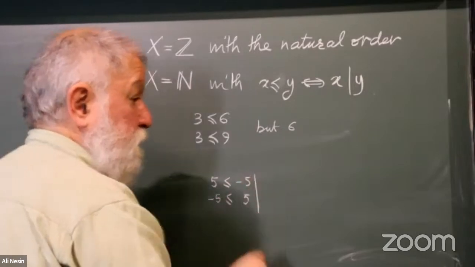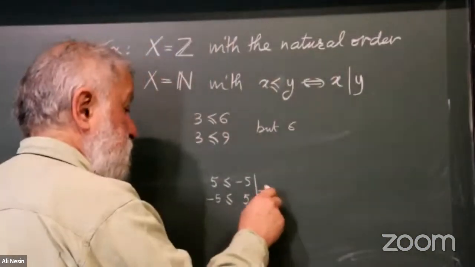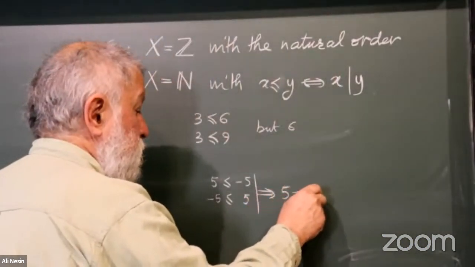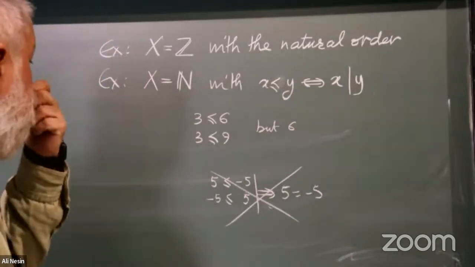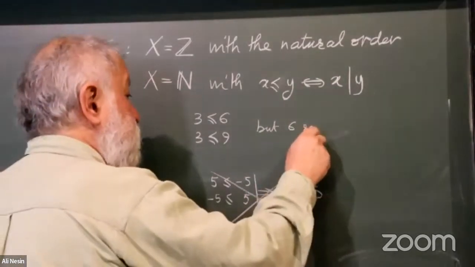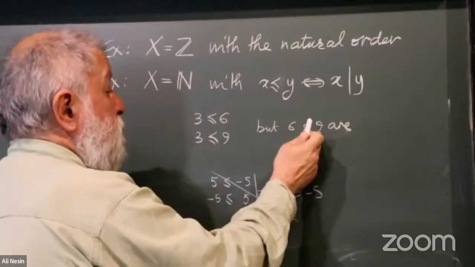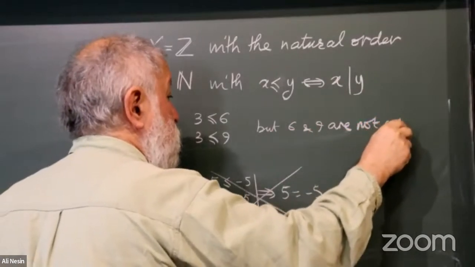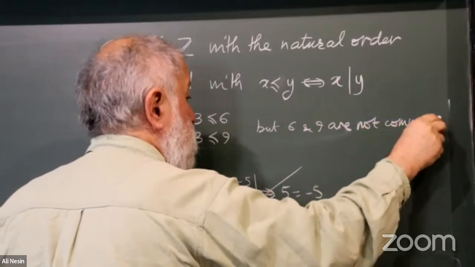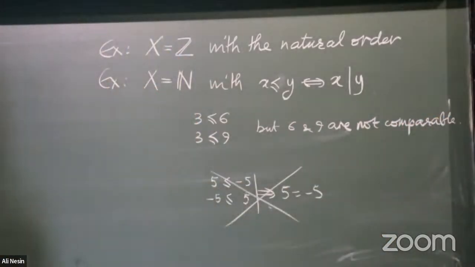But if it's an order, we are supposed to have 5 equal to minus 5. So with Z, this will not work. But 6 and 9 are not comparable because neither 6 divides 9 nor 9 divides 6. We can't compare them.